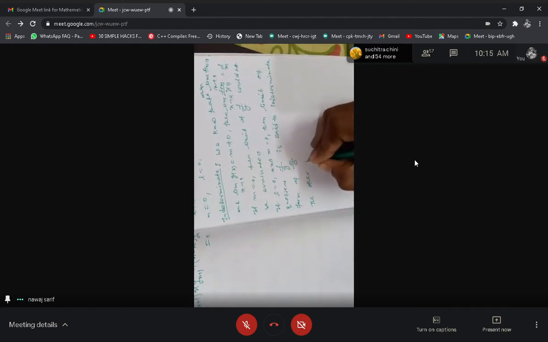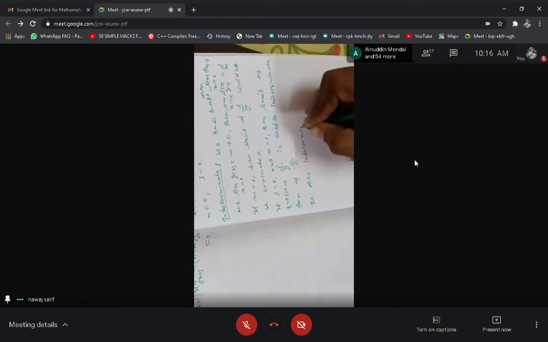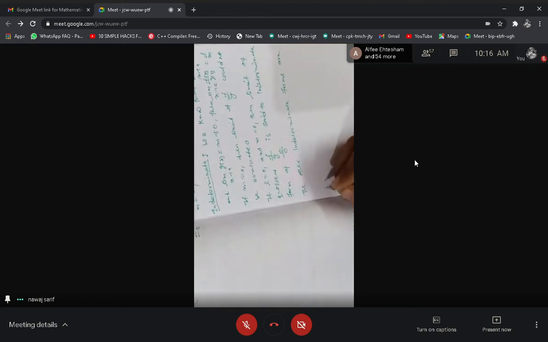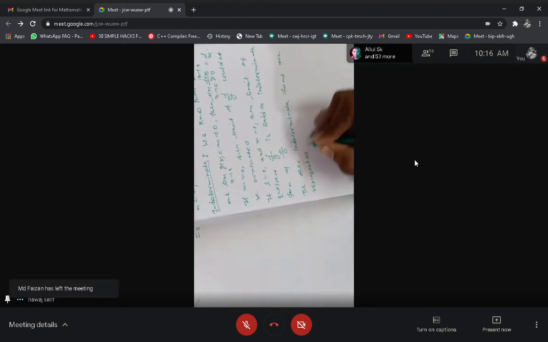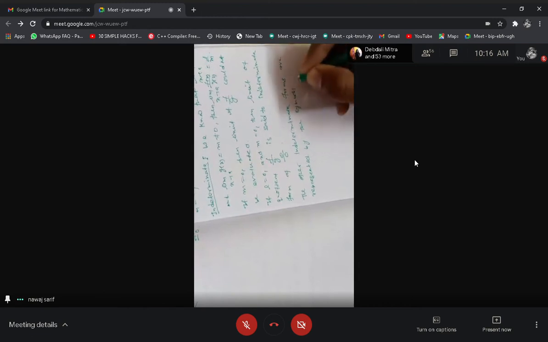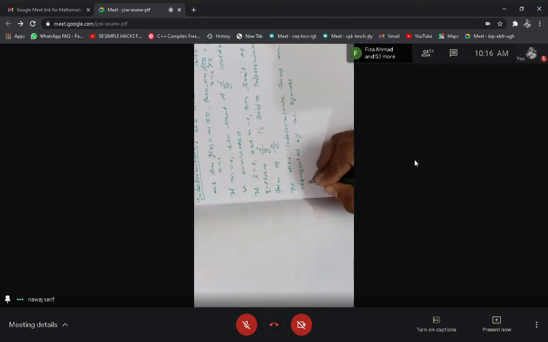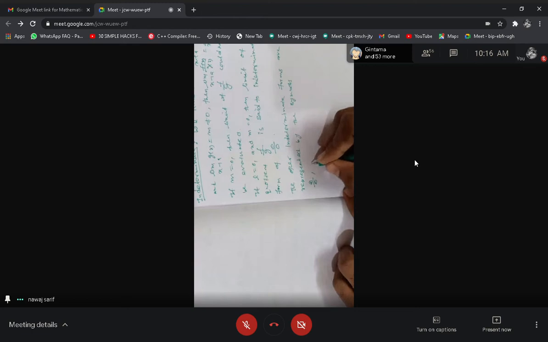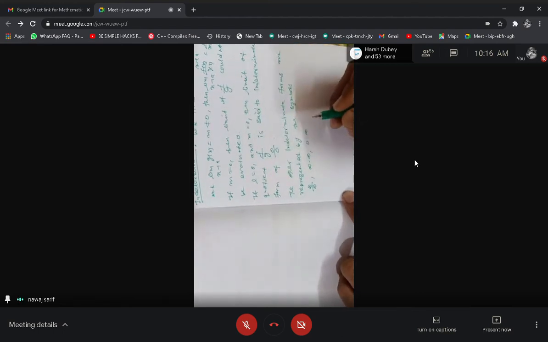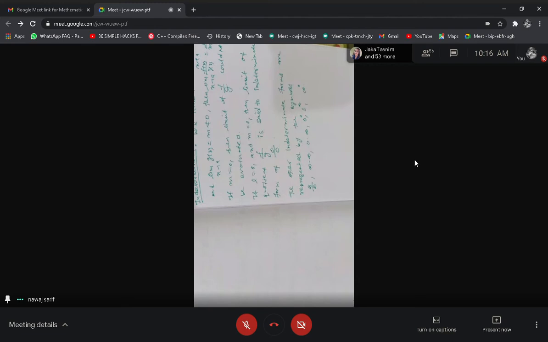The other indeterminate forms are represented by the symbols infinity upon infinity, infinity minus infinity, 0 by 0, 0 into infinity, 1 to the power infinity, 0 to the power 0, and infinity to the power 0. These are the indeterminate forms.